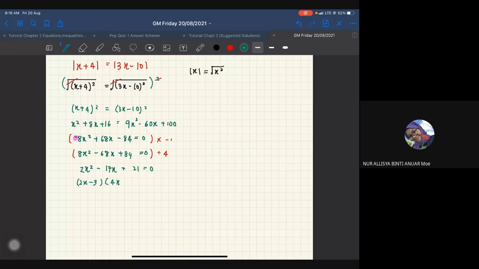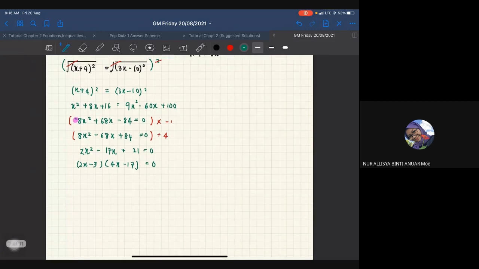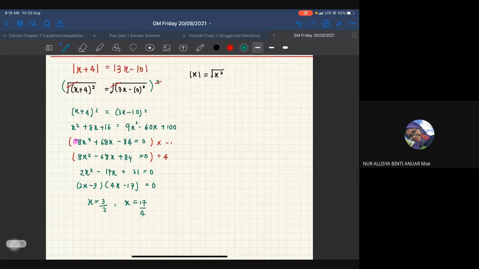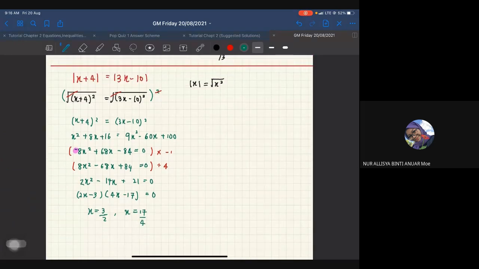Now just find the value of x: x equal to 3 over 2 or x equal to 17 over 4. That's all. Okay, can? Can. Alright, so this is an example, question number 9.